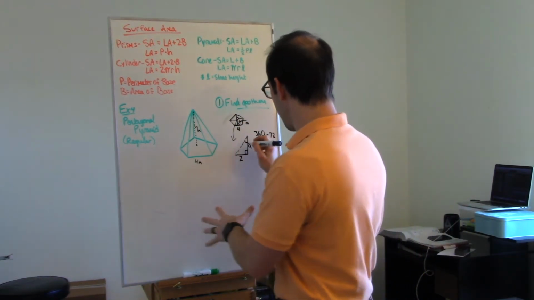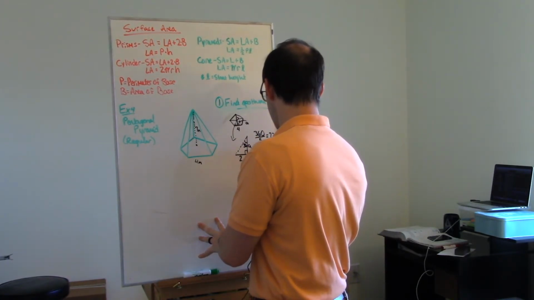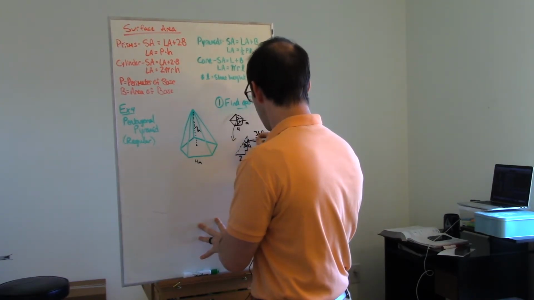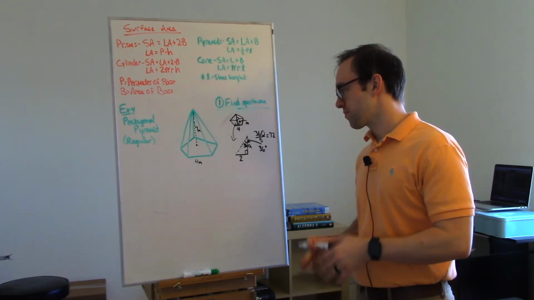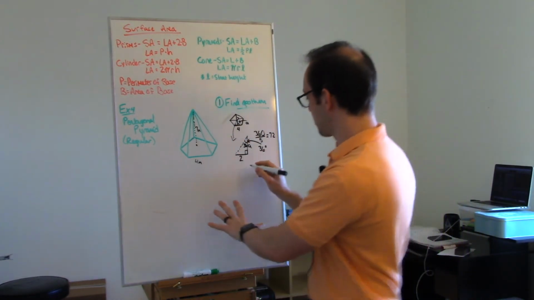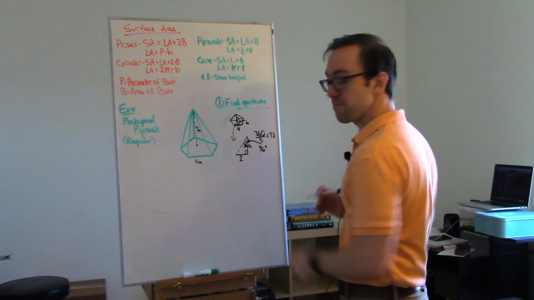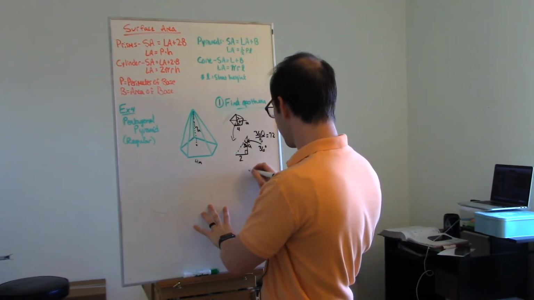So for this angle, you're only going to use half, or 36 degrees. I know it looks kind of messy, so I'm going to go ahead and clean it up a little bit, make it nice and neat.